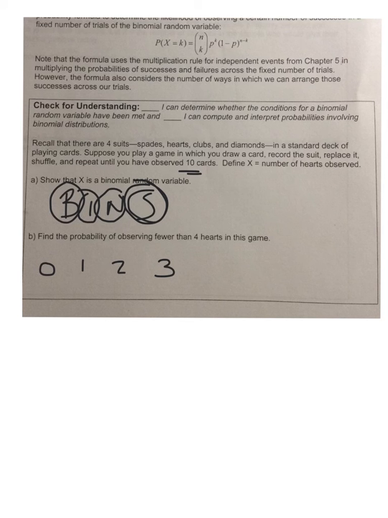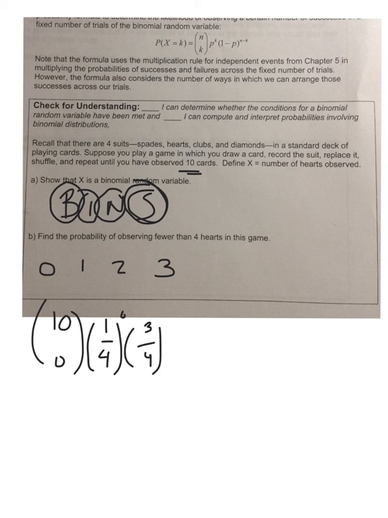Well, let's see. We could do 10 cards, none of them are hearts. There's a 1/4 chance that we get a heart, and we get no hearts. And there's a 3/4 chance that we get other cards, and we get that all 10 times.